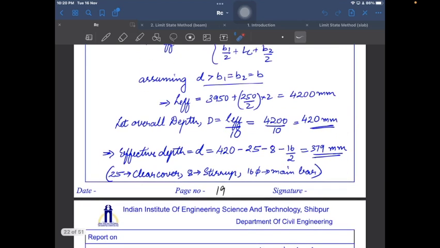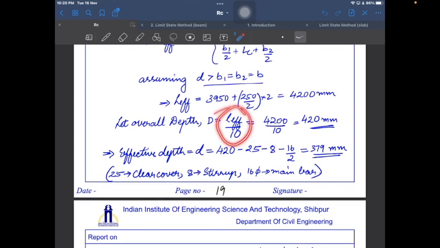So now let us take the overall depth D. This is a kind of thumb rule, not some derived formula, but generally people do this. By doing this, we get satisfactory results. It has been coming for many years, so we are just following this blindly.